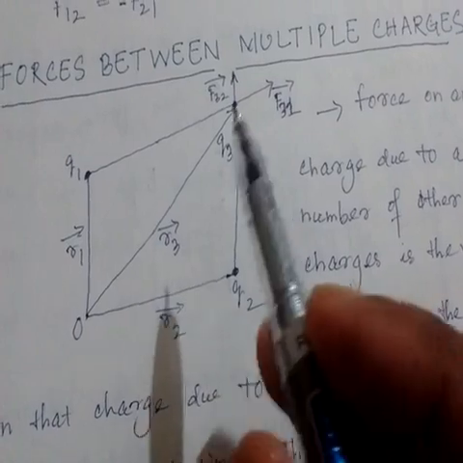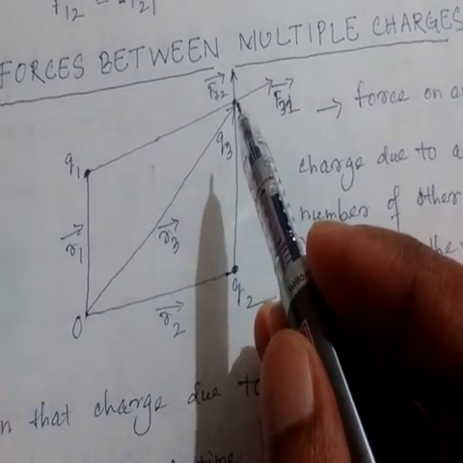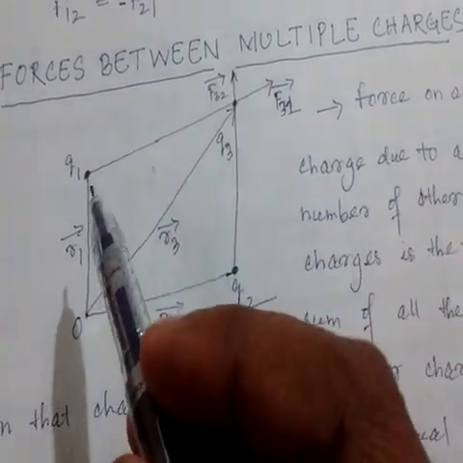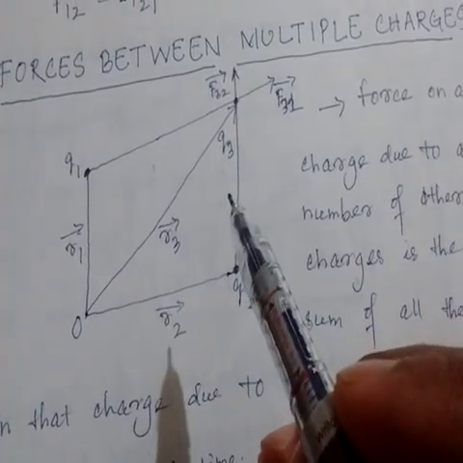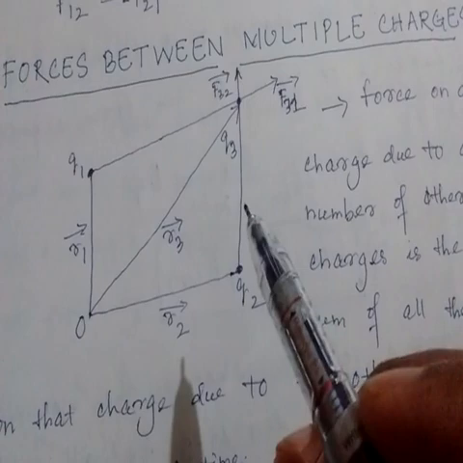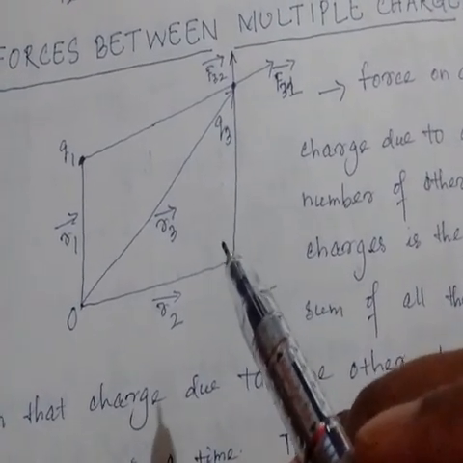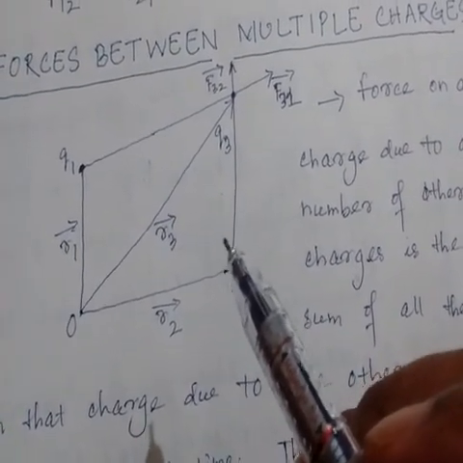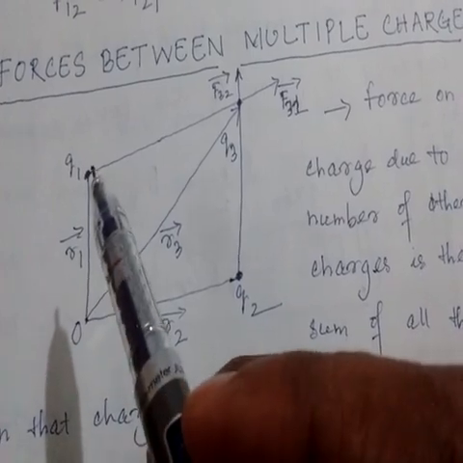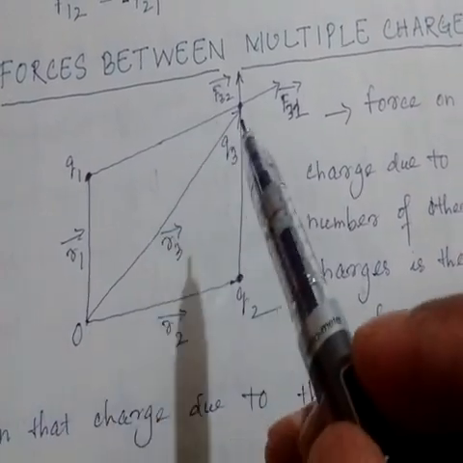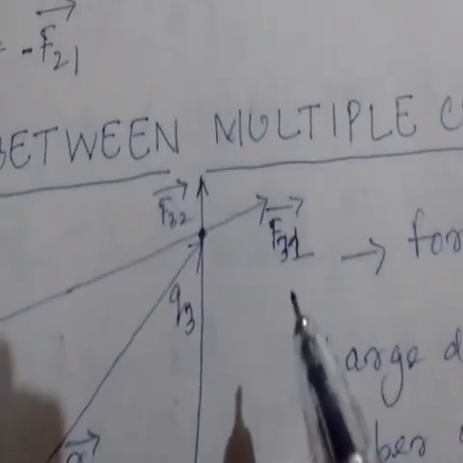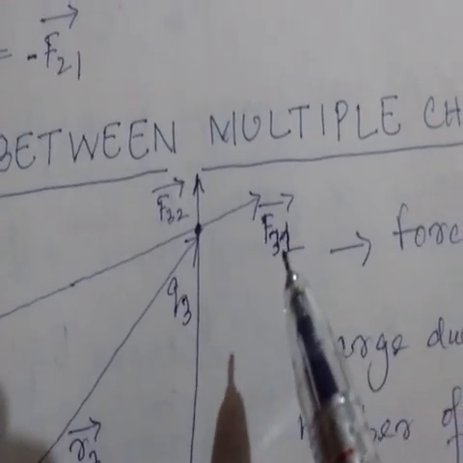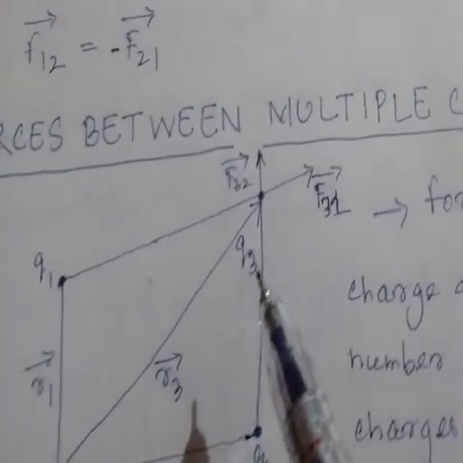Always remember, force on any one charge due to another charge is independent of any effect from a third charge. To be more clear, here you can see the force on Q3 due to Q1 is F31, force on 3 due to 1.